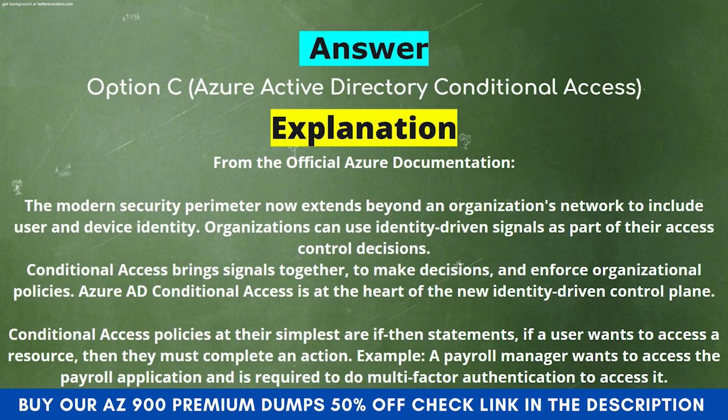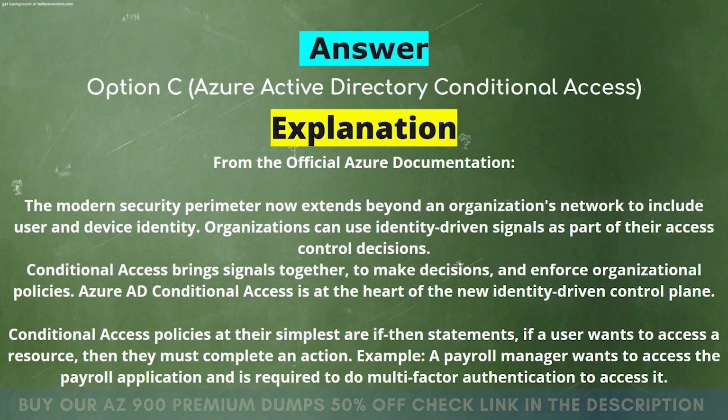Azure AD Conditional Access is at the heart of the new identity-driven control plane. Conditional access policies at their simplest are if-then statements. If a user wants to access a resource, then they must complete an action. Example: a payroll manager wants to access the payroll application and is required to do multi-factor authentication to access it.